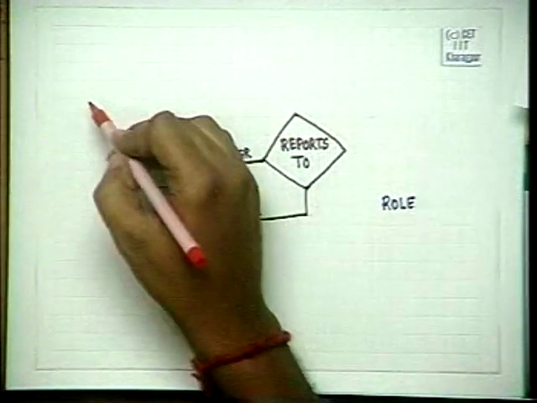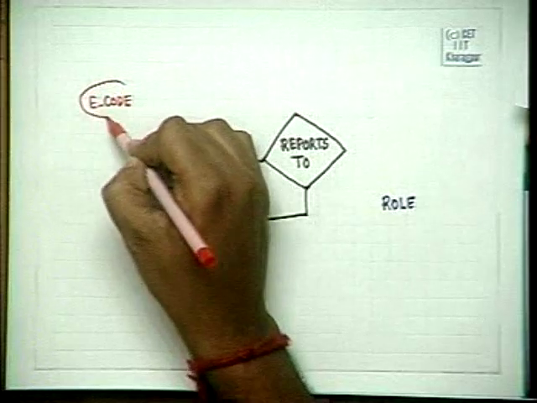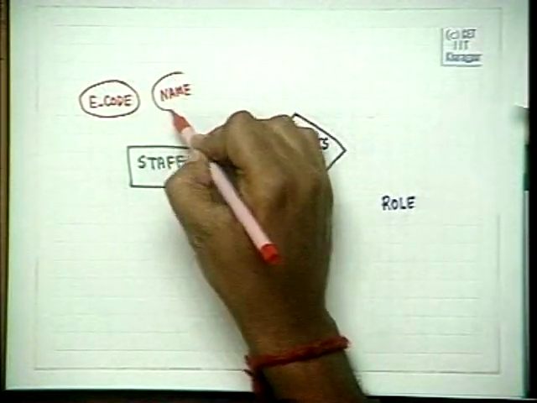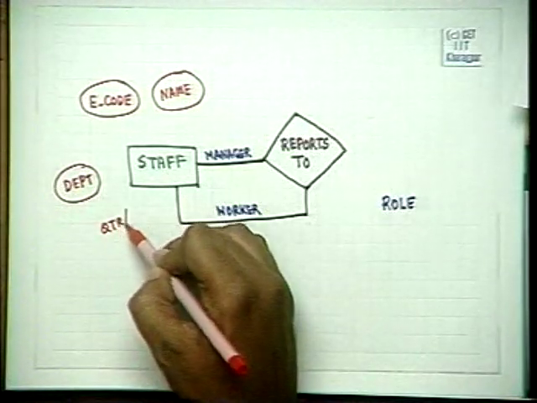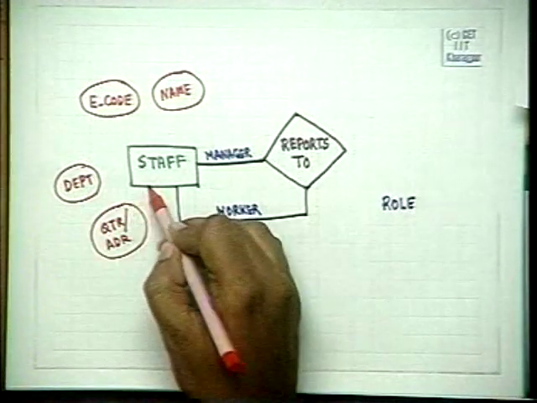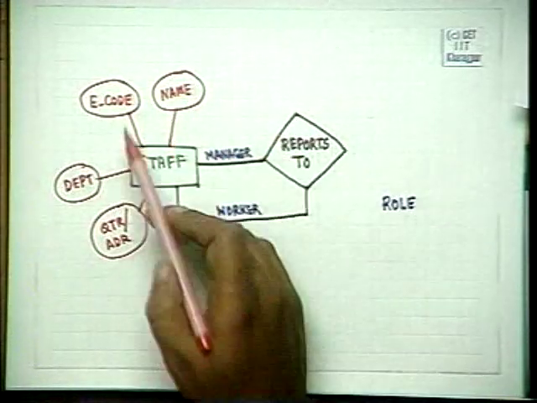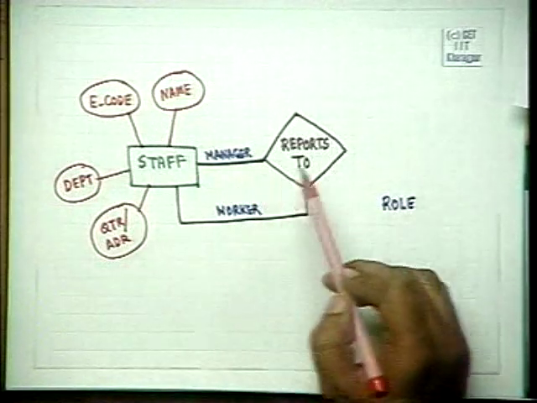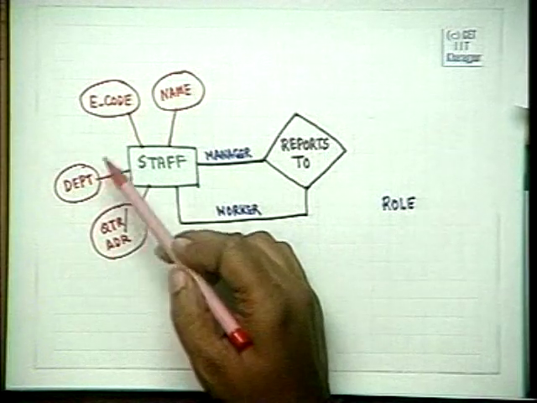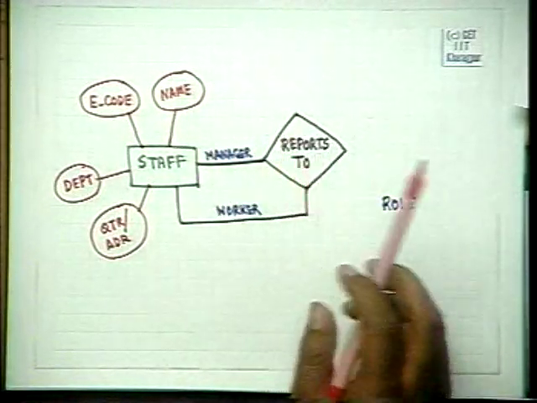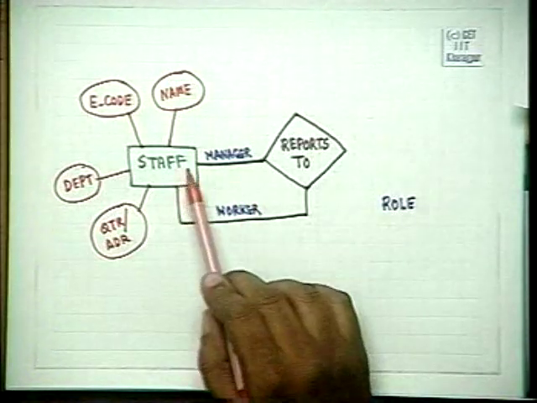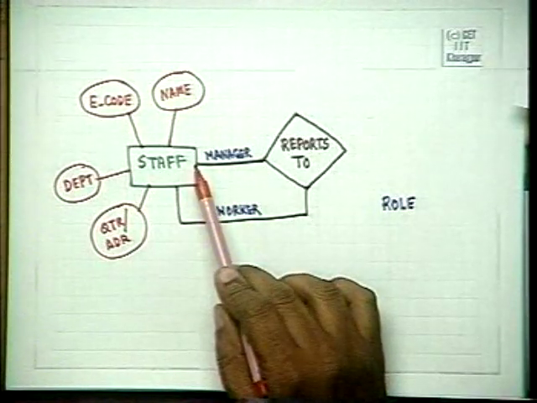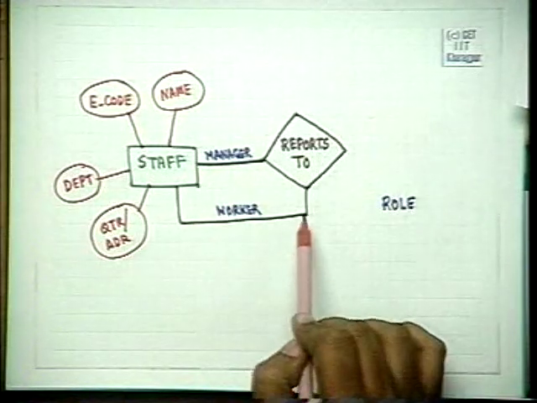Now, if staff has got attributes employee code, name, department and address, then this reports to will have 4 plus 4, 8 attributes. But in order to identify which is whose attribute, because it is between the same entity set, we have to identify the role, that this is the manager, that means this person reports to this person. So to identify that, we put some labels on the links as and when required.